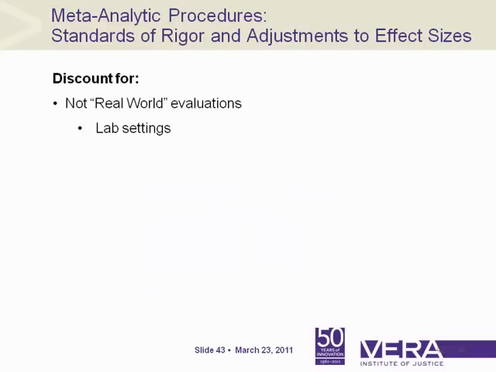And then we also discount for when the evaluation researcher is the program developer. There are two issues with this and why we discount for such a circumstance. One is that the evaluation researcher might deliver the program better than, say, your average person out there who's implementing the program.